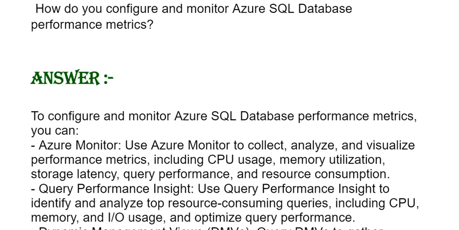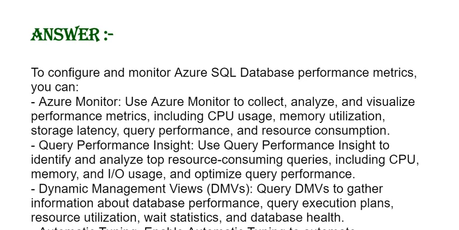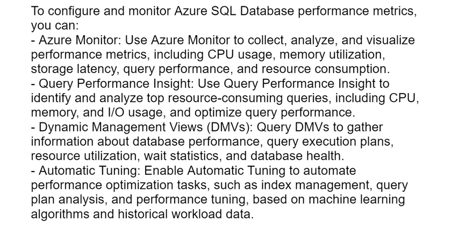Use Query Performance Insight to identify and analyze top resource consuming queries including CPU, memory and I/O usage and optimize query performance. The third one is Dynamic Management Views, DMVs. Query DMVs to gather information about database performance, query execution plans, resource utilization, wait statistics, and database health.